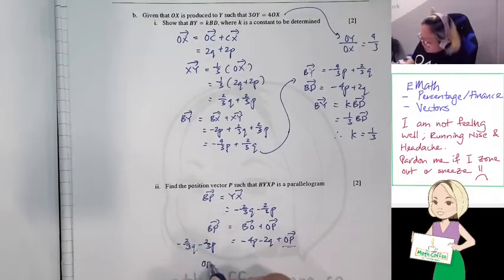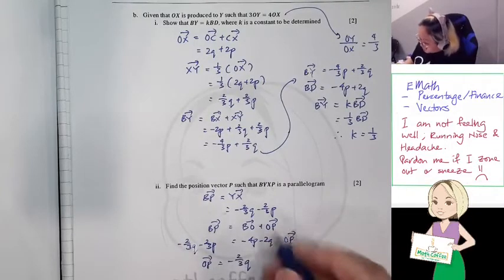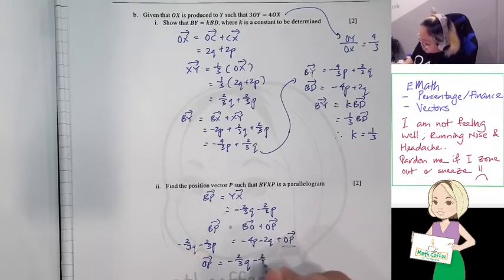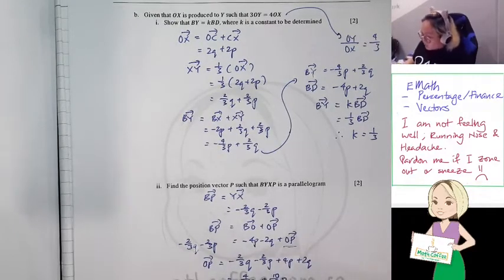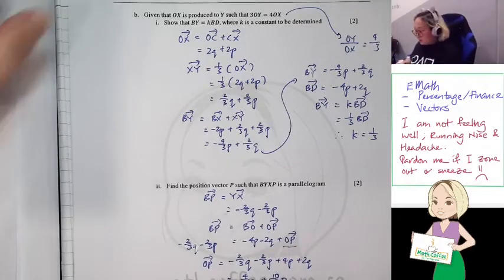So my OP simply is minus 2/3 Q minus 2/3 P plus 4P plus 2Q, which is equal to 4/3 Q plus 10/3 P.